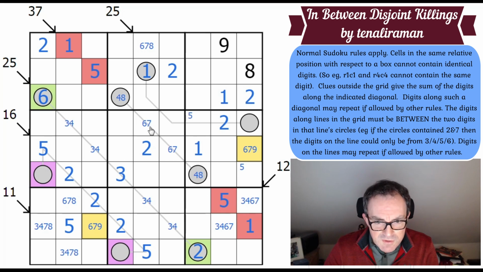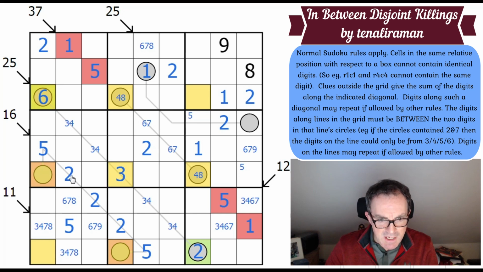Oh, I've spotted a set I've not looked at. I've got a 4-8 pair now in the bottom left-hand corner of boxes. Whoa, okay, sorry. I think I should have been looking at this set. Let us have a look at this. Oh, no, maybe not. I'm not sure.